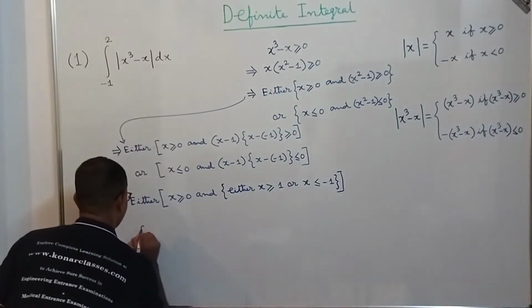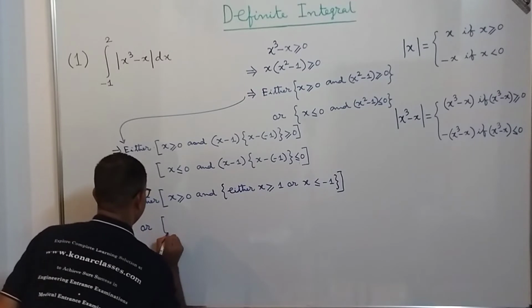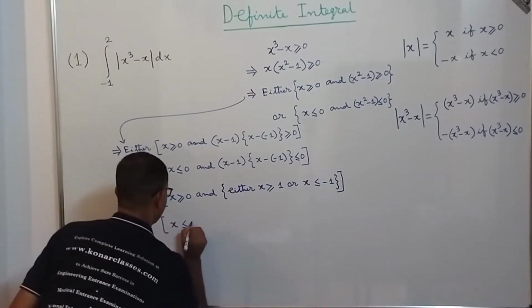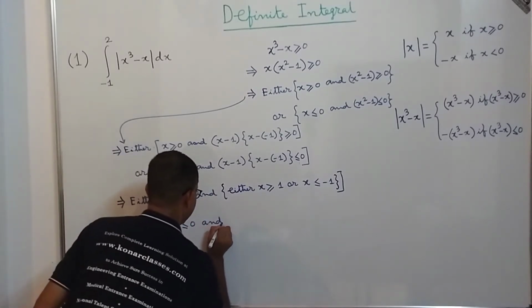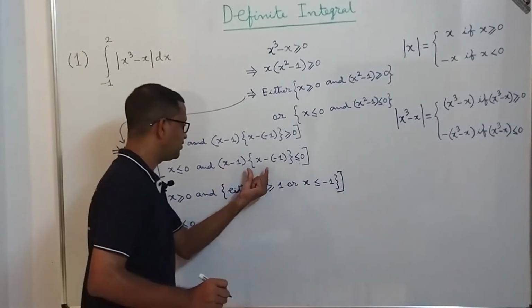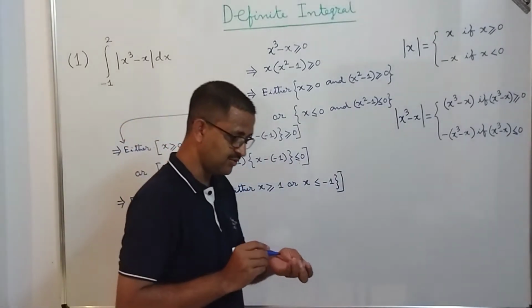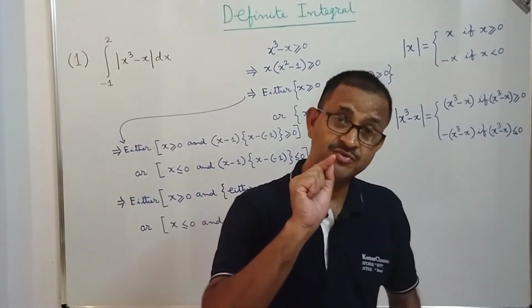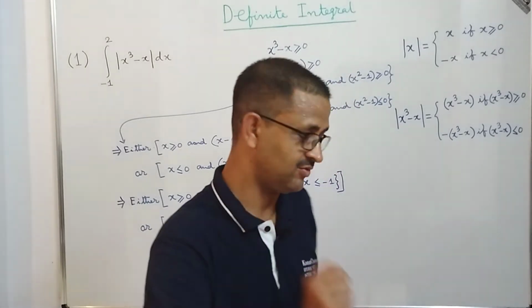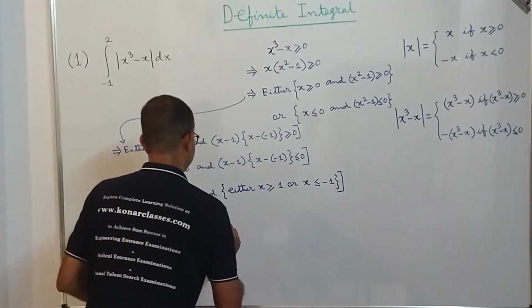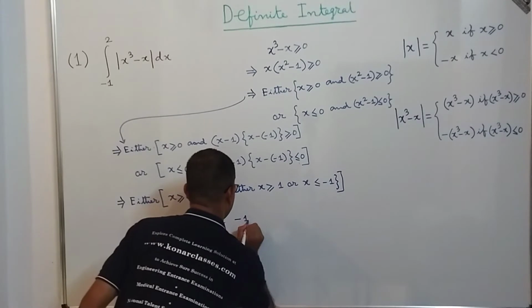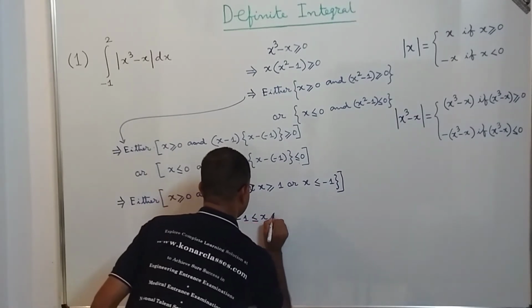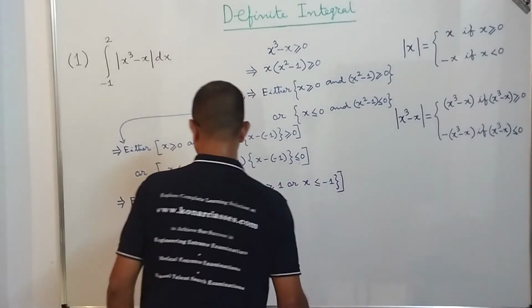Or we can write that x less than or equal to 0 and (x minus 1)(x minus (minus 1)) less than or equal to 0. That means x is between minus 1 and plus 1, and we can write minus 1 less than or equal to x less than or equal to 1.